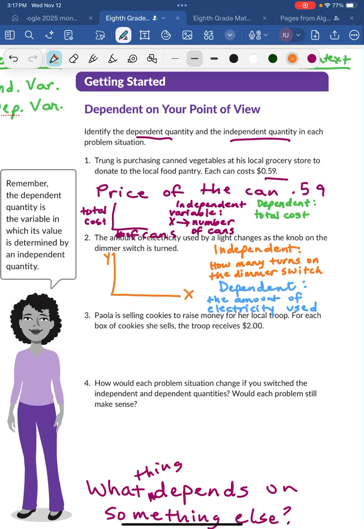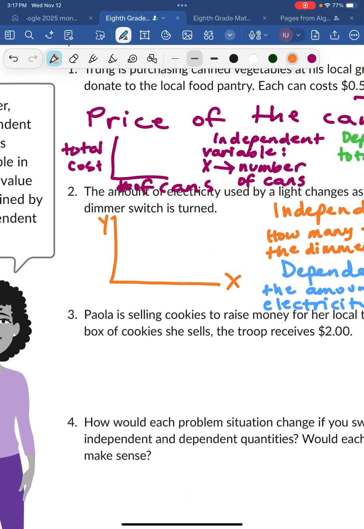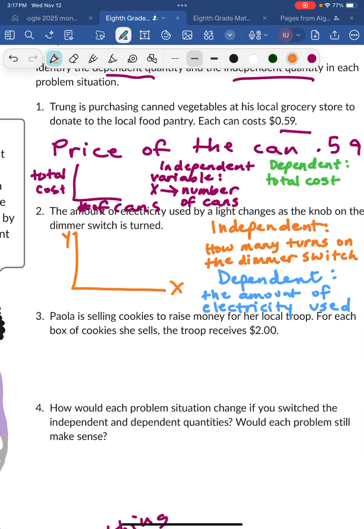Okay, all right, next scenario. Paula is selling cookies to raise money for her local troop. For each box of cookies she sells, the troop receives $2. So independent. Dependent. What depends on something else?